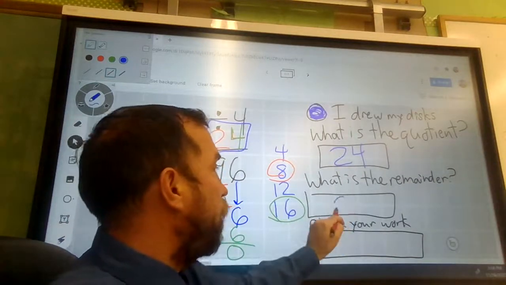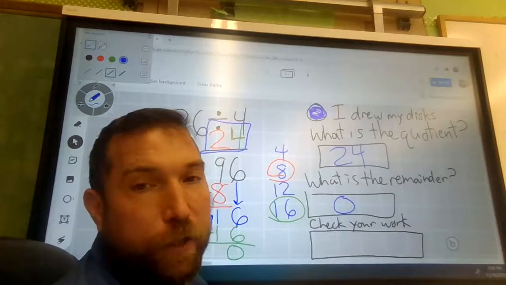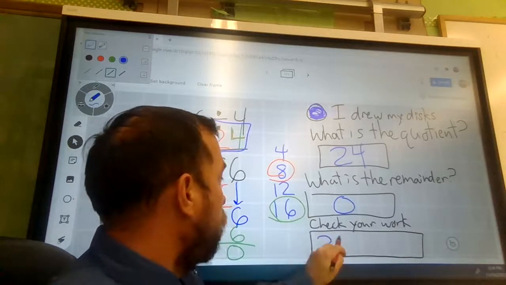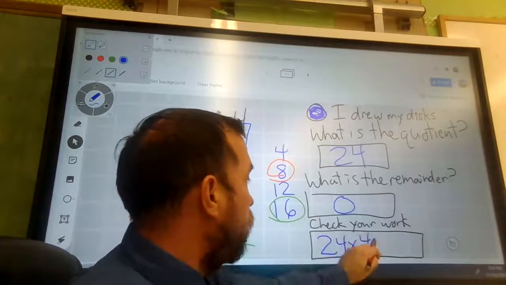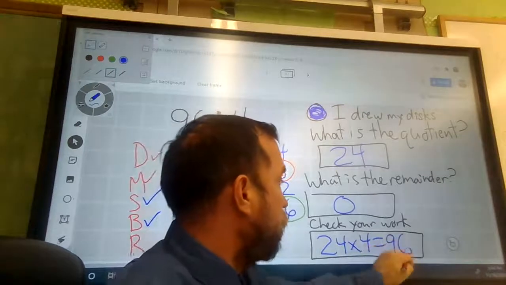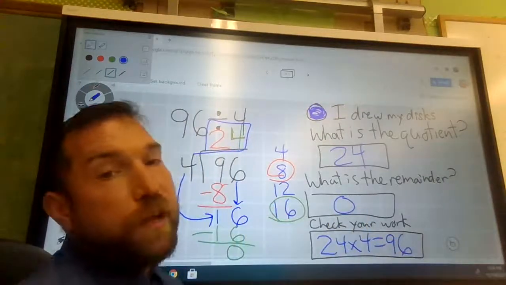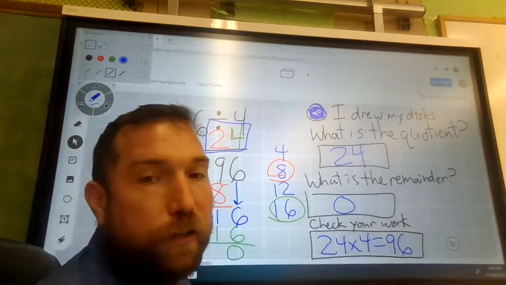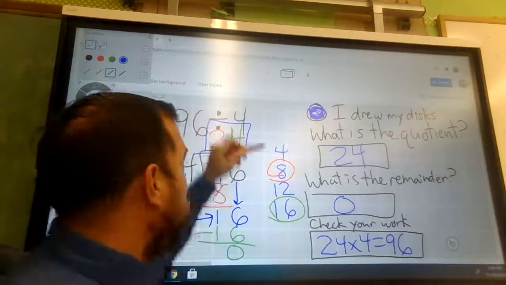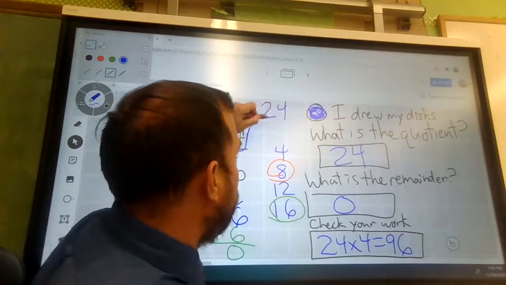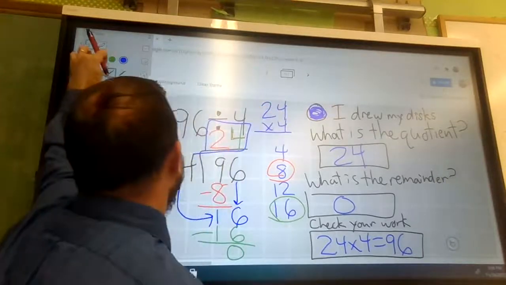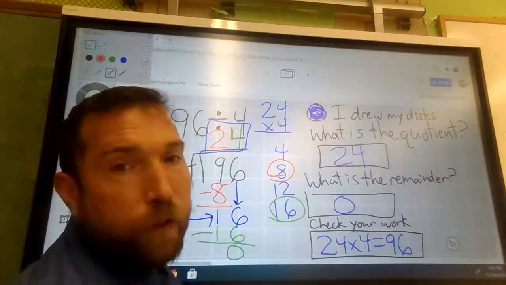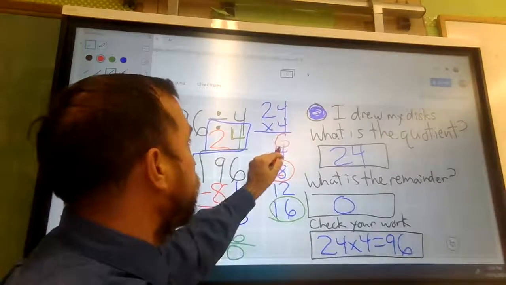What is the remainder? Here it was 0. Check your work is 24 times 4 equals 96. I didn't have anything to add back on. If it was 97, it would be 24 times 4 plus 1 equals 97. But 24 times 4, I can prove to you that that's my answer by checking it. 4 times 4 is 16.